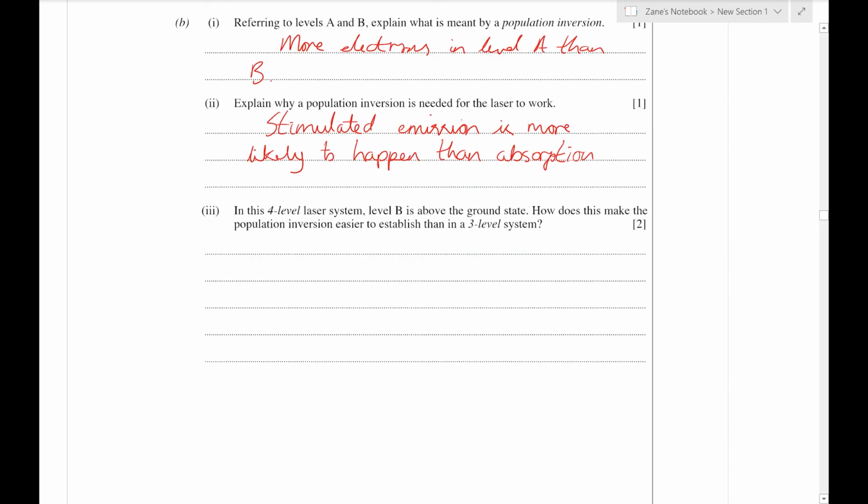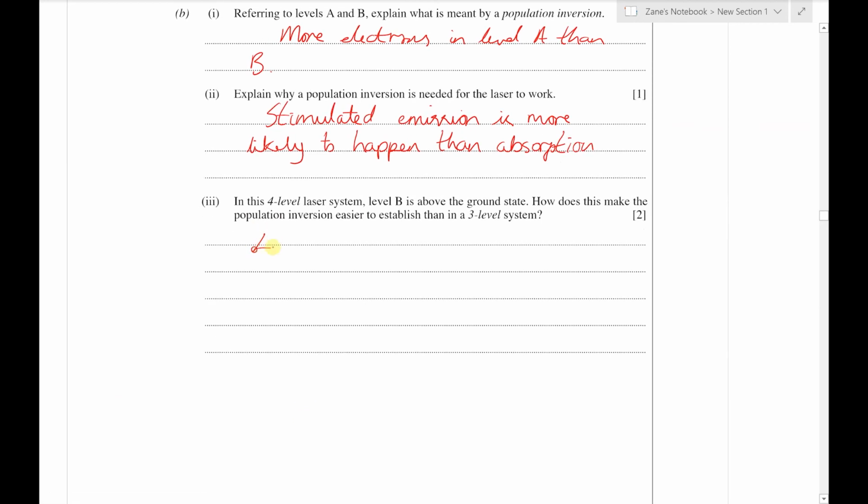Finally, in this 4-level laser system, level B is above the ground state, and we've got to explain how this makes population inversion easier to establish than in a 3-level system. Well, that level B is self-emptying. It empties very quickly. And it empties by the process of spontaneous emission. But the point is that leaves that level almost always empty.